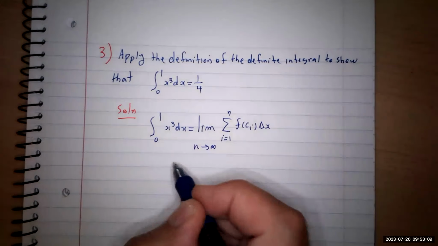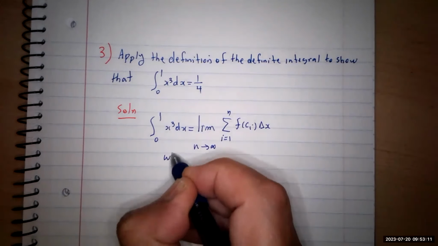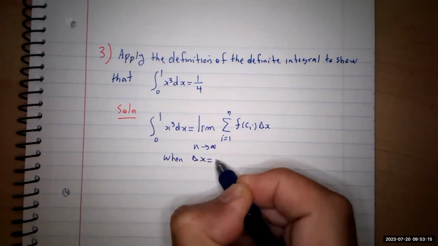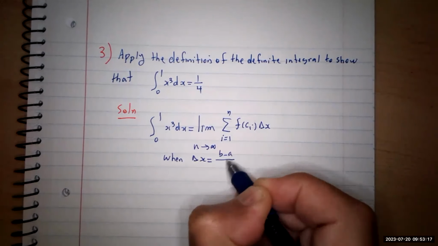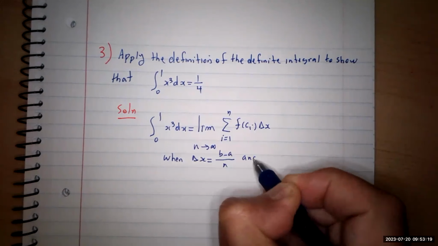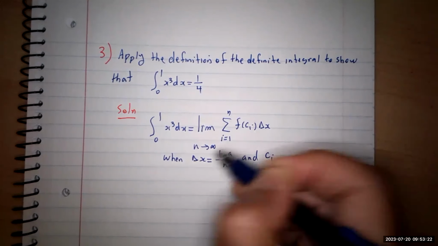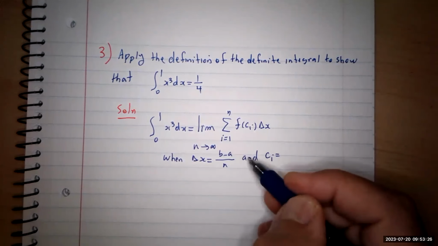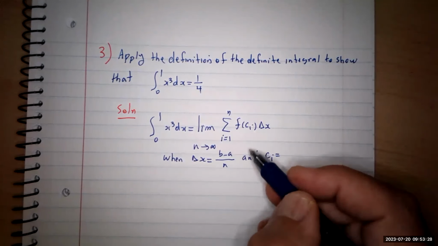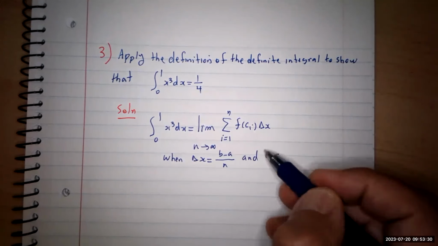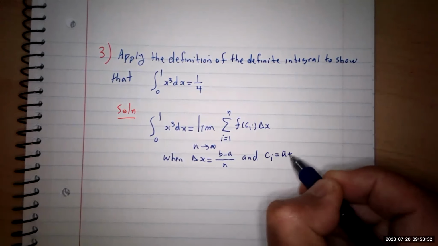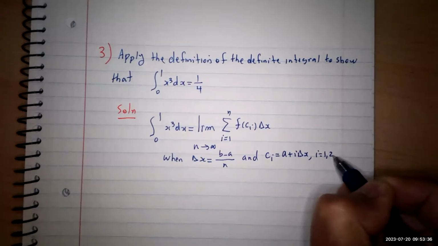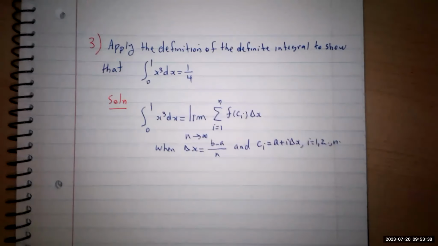This is when delta x is equal to (b minus a) over n, and ci equals a plus i delta x, i equal to 1, 2, up to n. You can write this formula down on your formula sheet and use it. So this is going to be the formula.